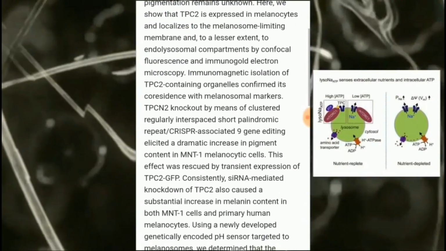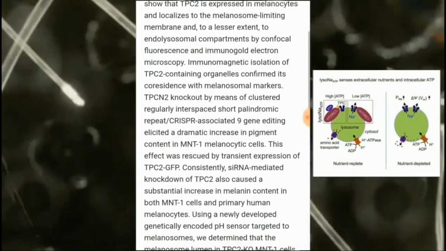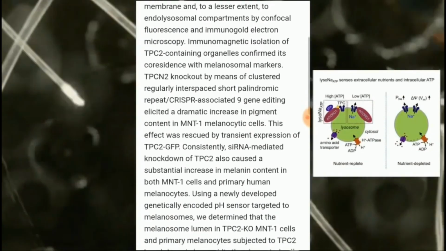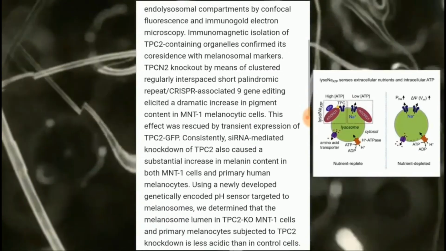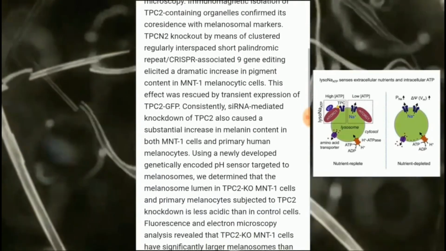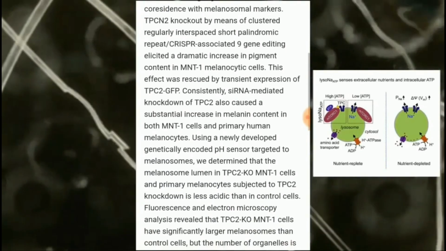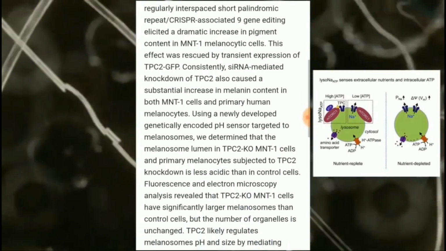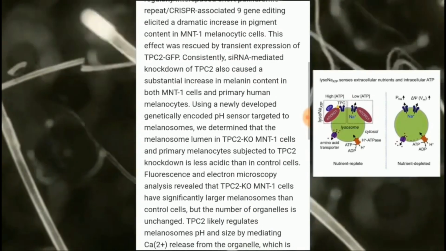So you could probably just say two-pore channels, or TPC2, is like fuel for your body's cells. And every single cell in your body depends on these two-pore channels in order to thrive, in order to function normally, including your melanocyte cells.